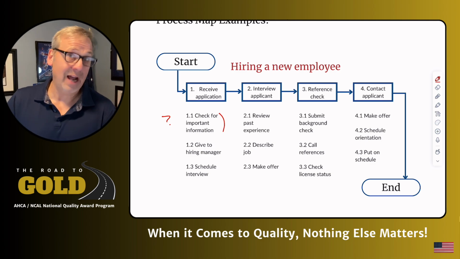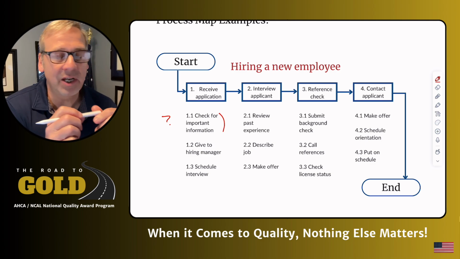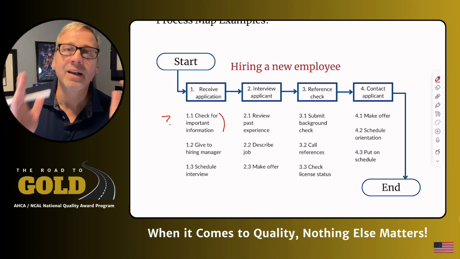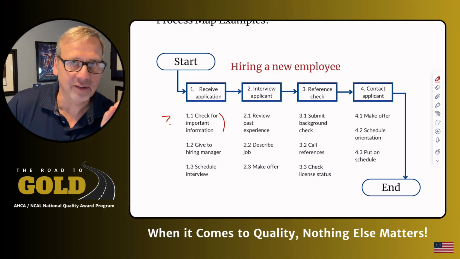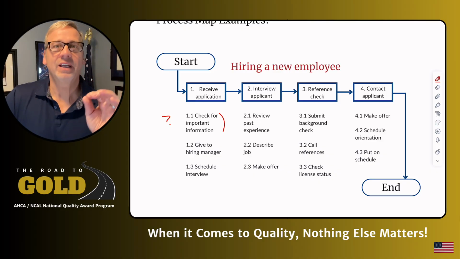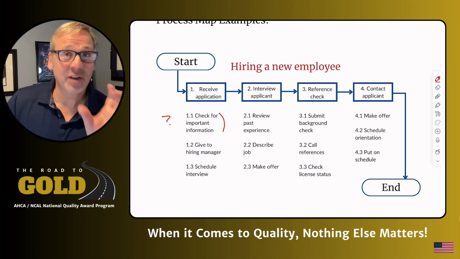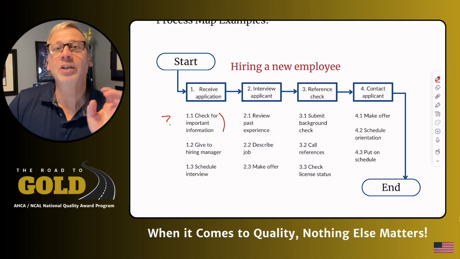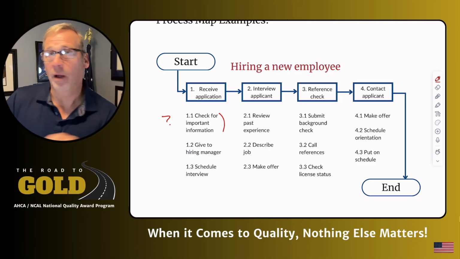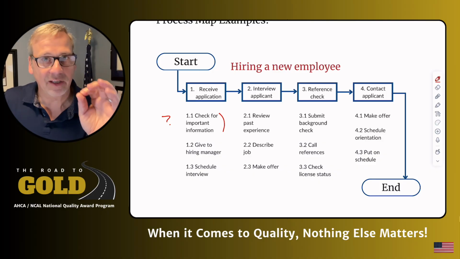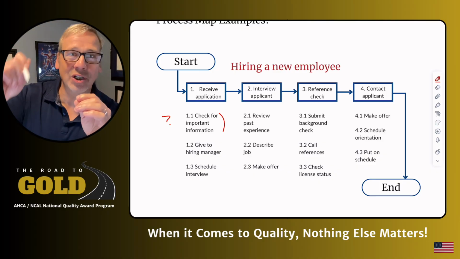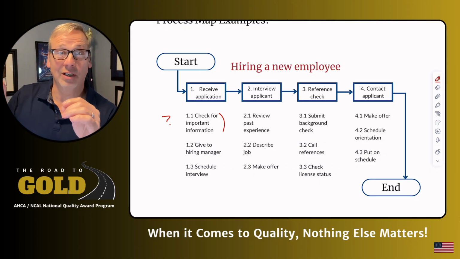Most notably, I don't know if you know this, but the 2 things that we want above everything else on an application is we want them to answer the question, have you been criminally convicted of anything? That's the first thing. We want you to check the box, I have, I haven't. And then I want your signature on that application.